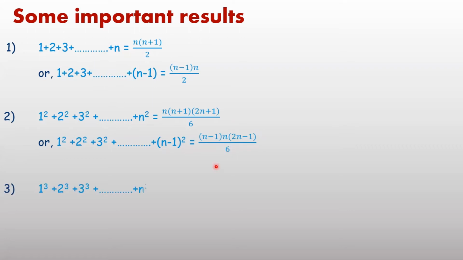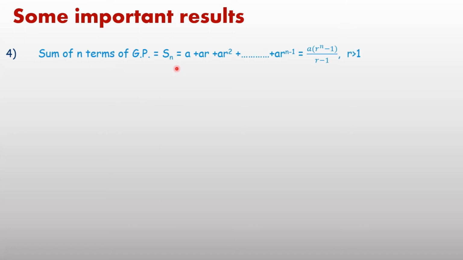Or the sum of cubes of the first n natural numbers is [n(n+1)/2] whole squared. Or the sum of cubes of n minus 1 natural numbers we can write as [(n-1)n/2] whole squared. So whenever required we can use these identities. You should also know the sum of n terms of a GP.